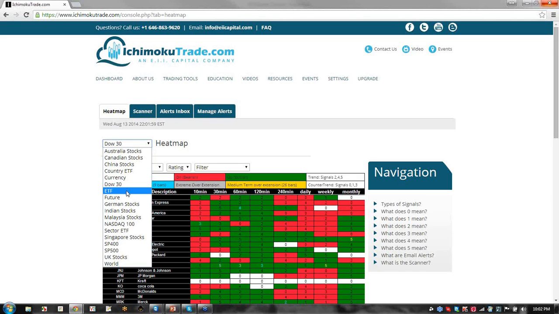We have the Dow 30. We have all the ETFs out there, the double, the triple reversals, all those ETFs are in here. This is the futures market where we cover commodity futures, oil, natural gas, heating oil, rice, soybeans, everything there. German market, which is the DAX market, Indian Sensex market and Nifty, Malaysian market, NASDAQ 100, sector ETF, Singapore, S&P 400, S&P 500, UK stocks, and world market. So this is all the world indexes and so forth. These are all the markets that we support real time.